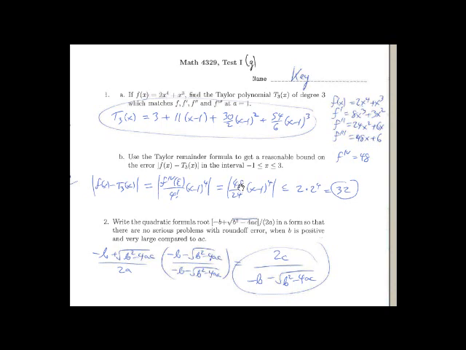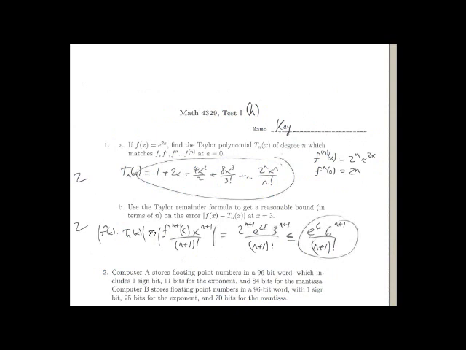It's 48 regardless. And the biggest x minus 1 can be is 2, because that's as far as it gets from 1. So you assume x minus 1 is 2, and the fourth derivative is constant 48, so there's your maximum error bound.